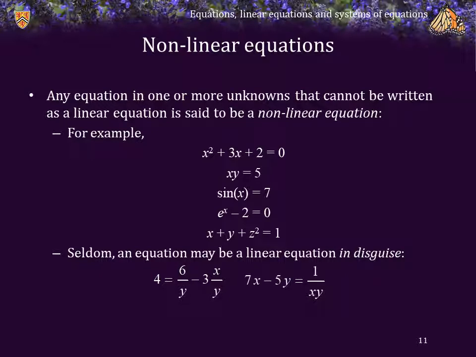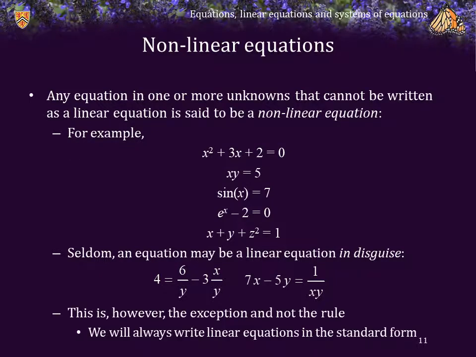Similarly, here, if we were to multiply both sides by x times y, once again, we would have the linear equation negative 5x plus 7y is equal to 1. Now, having a disguised linear equation is the exception and not the rule, and in this course we will always write linear equations in the standard form.